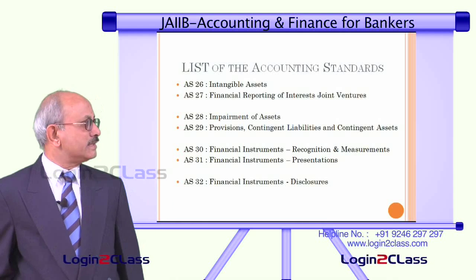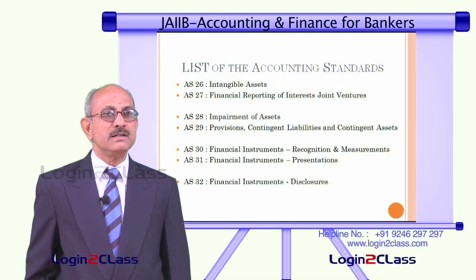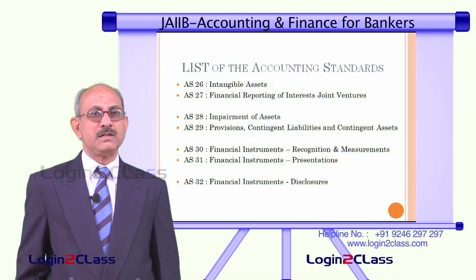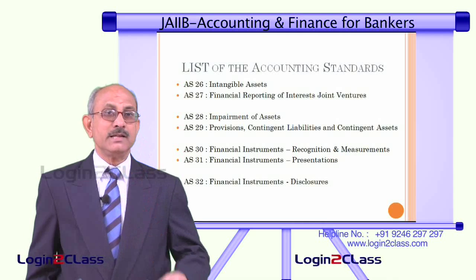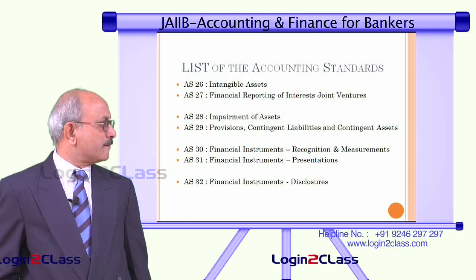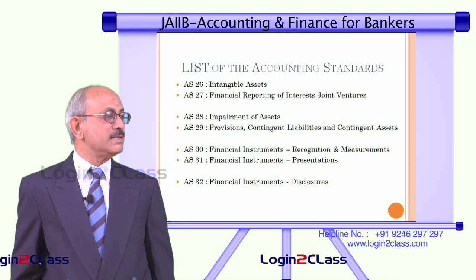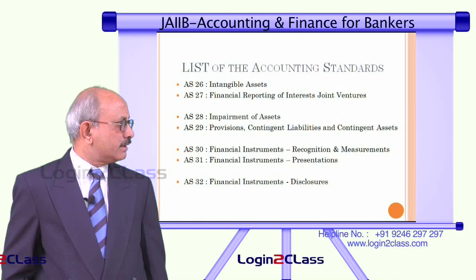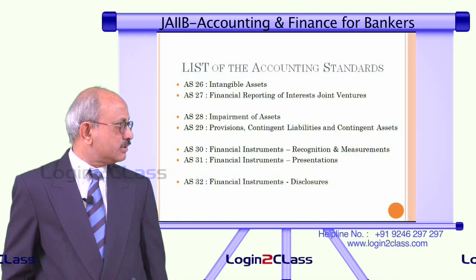AS27 deals with financial reporting of interests in joint ventures. Then AS28 is impairment of assets. Whenever assets are impaired, we need to account for them in a certain specific manner. AS29 is provisions, contingent liabilities and contingent assets. All these are covered under AS29.